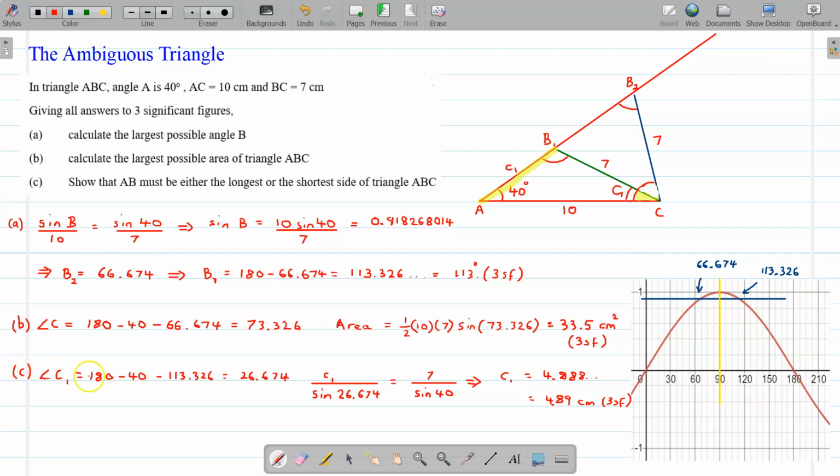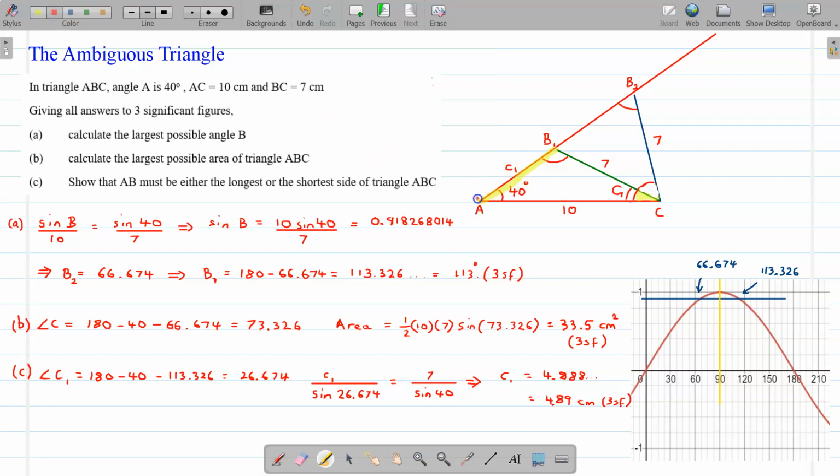Now, that is less than 7 and less than 10, so that's the shortest possible length of the line AB. And the other line is c2, and c2 would be the longest possible length. And I'm going to do that in a different colour. Let's see if this colour would work.